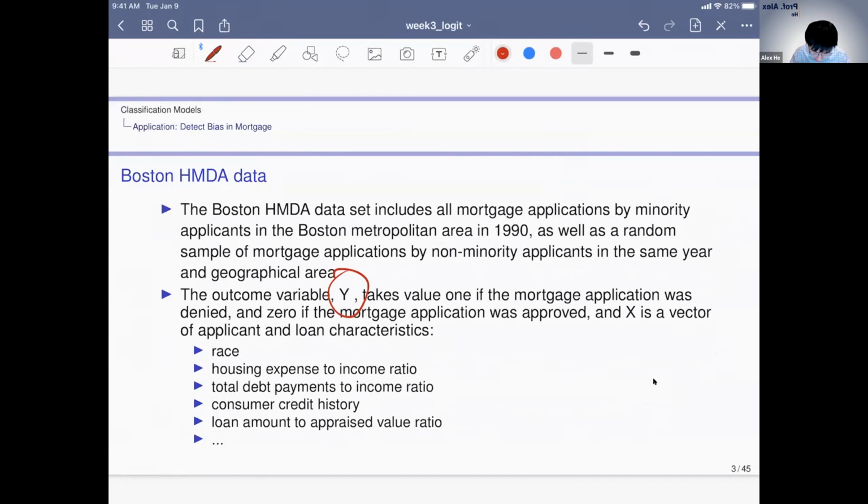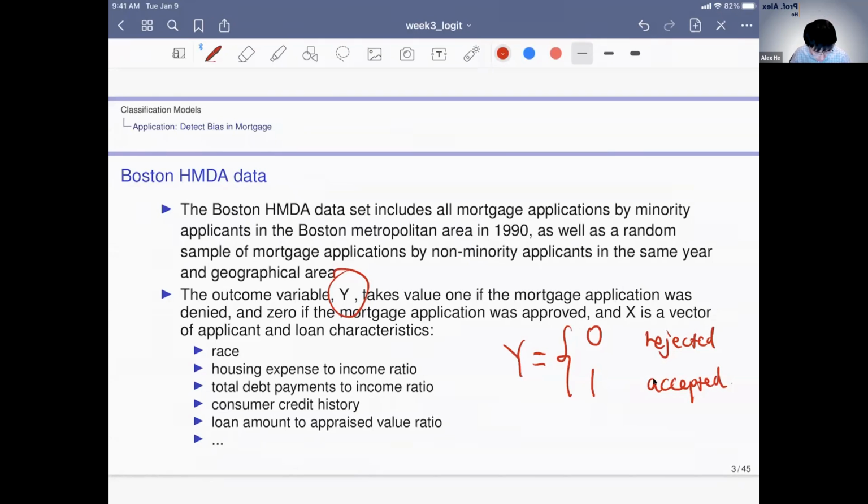So Y only takes two values. You can call it 0 and 1 because there are two categories: 0 if it's rejected, and 1 if it's accepted. Okay, so that's our outcome variable. It's not continuous. Any other value doesn't make sense. There's only two values.